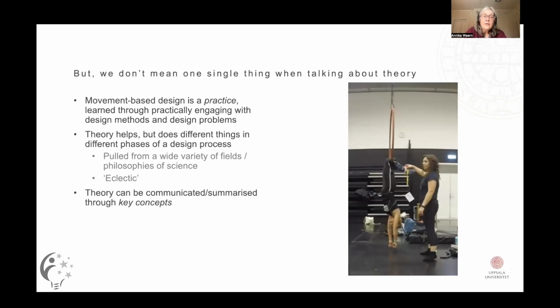So the way we approach theory in these kinds of very practical design exercises is that it's sort of eclectic. We don't really care what it comes from as long as the net result is useful. And we're pulling our theories from a very wide variety of scientific fields. And they even sometimes are different in their philosophy, in what we in research call epistemology, what we consider a valid proof for something being a theory or not.